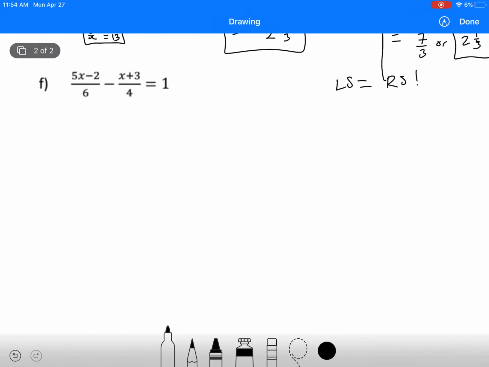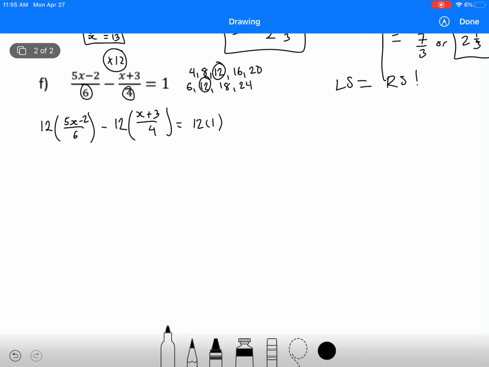That is the number we're going to multiply here by 12. All right, let's see what happens. This will be 12 times 5x minus 2 over 6 minus 12 times x plus 3 over 4 equals 1 times 12. So I'm just going to write it as 12 times 1.